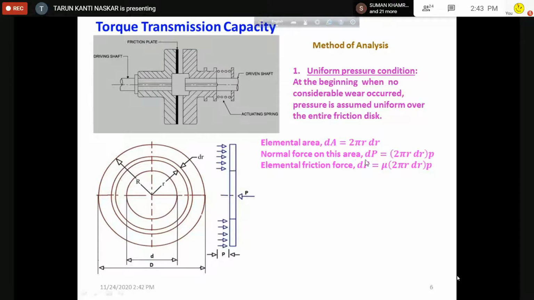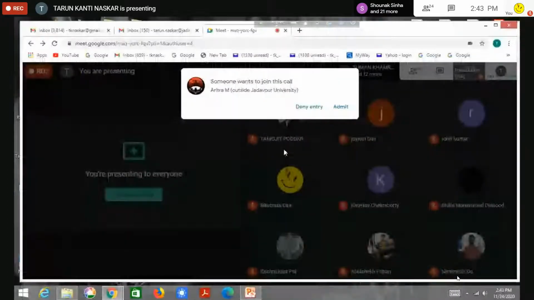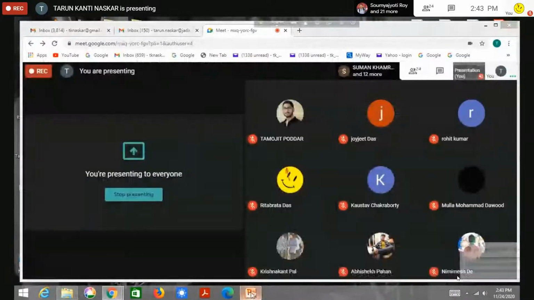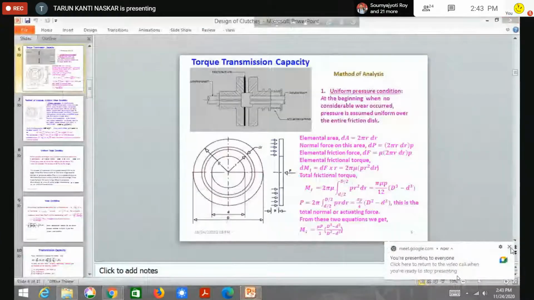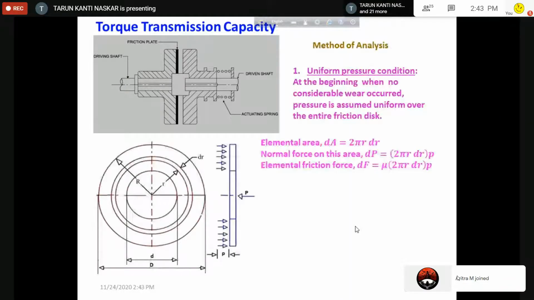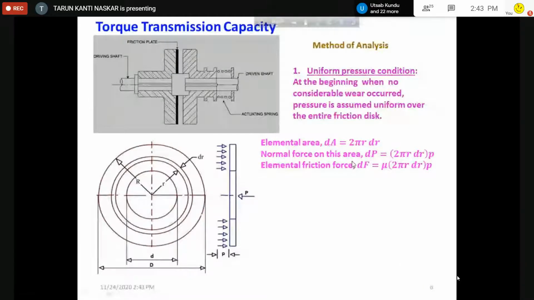Now the normal force on this area, dP, is 2 pi r dr multiplied by small p.